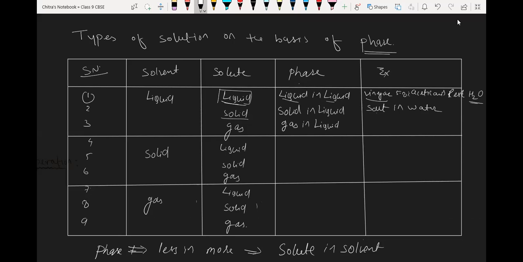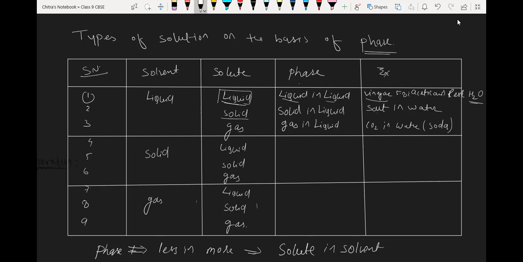So what will be the example of gas in liquid? We have carbon dioxide in water. Sir, what about hydrogen in water? But CO2 is a compound, right? Yes, but it is a gas. CO2 is a gas, carbon dioxide.